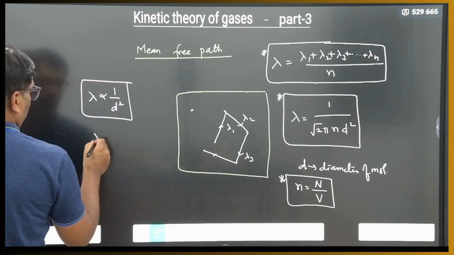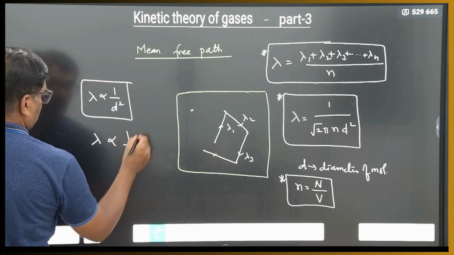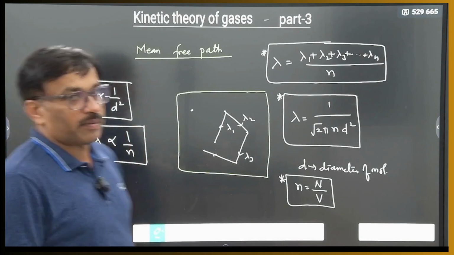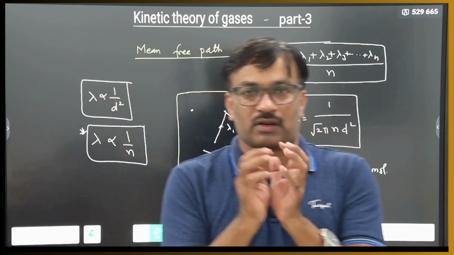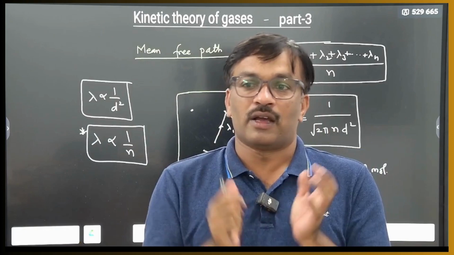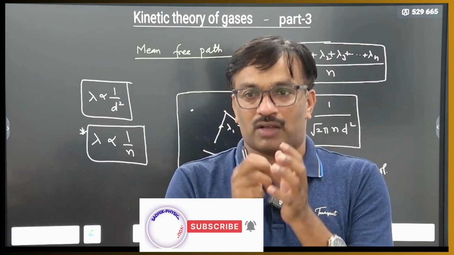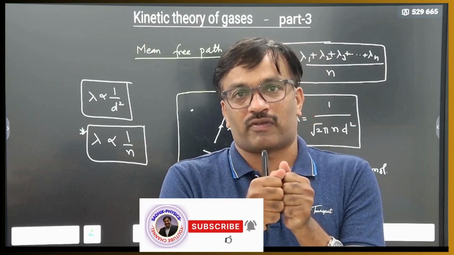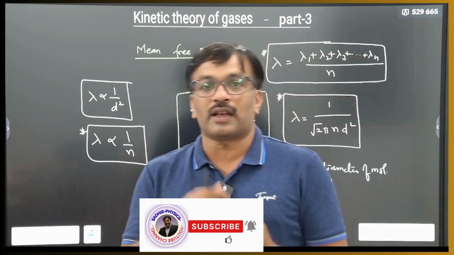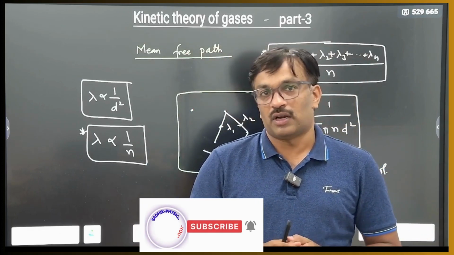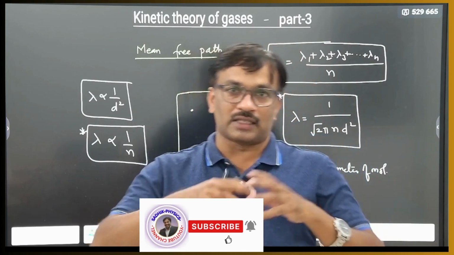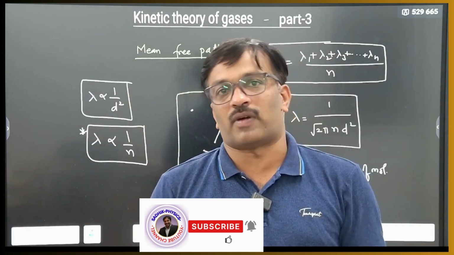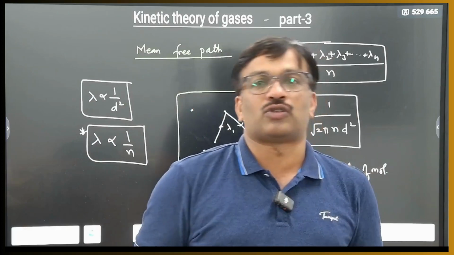Therefore lambda is also inversely proportional to the molecular density. If more molecules are crowded, that means more number of molecules per unit volume, then like crowded people, they will have collisions very frequently, so it has to travel less distance. If the molecular density is very low, that means a very big volume is occupied by fewer molecules, so it has to travel a longer distance to get collided.